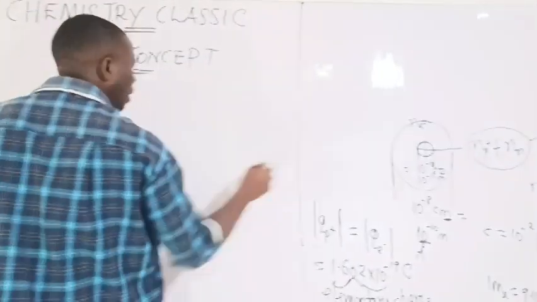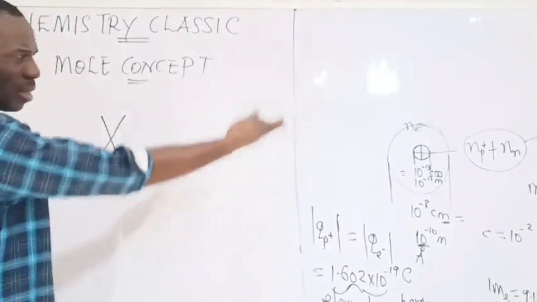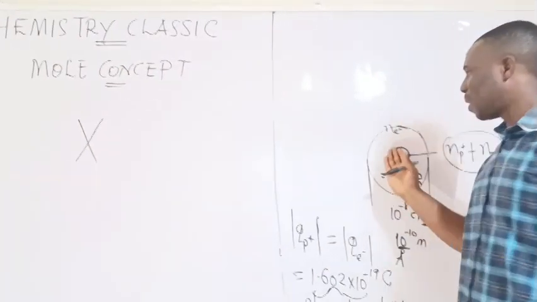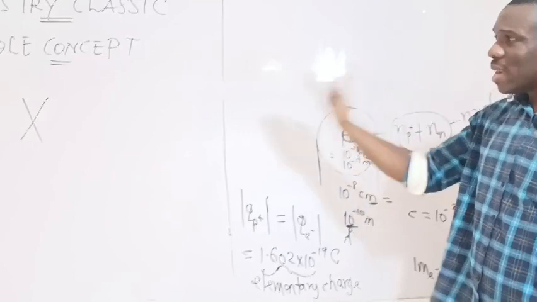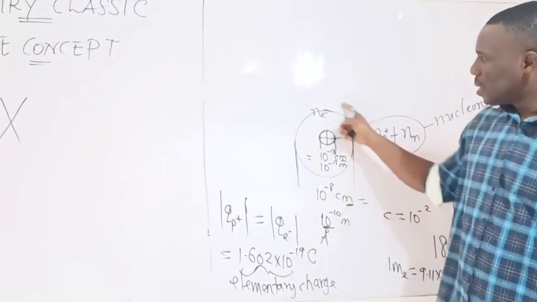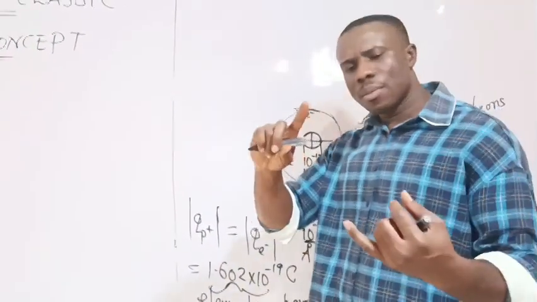So if I call this atom X, let's give it a name X. Now let's say this is an atom of an element. So why is a type of matter called an element? It's because the atoms are exactly identical in properties.